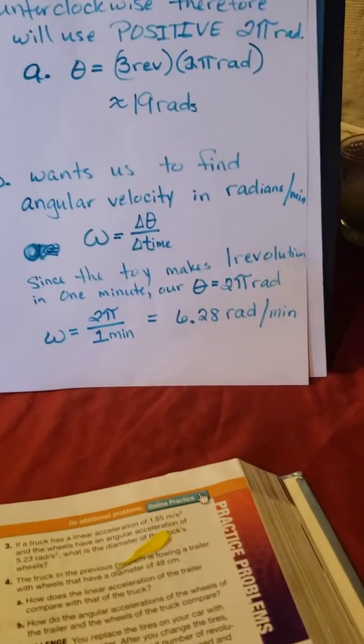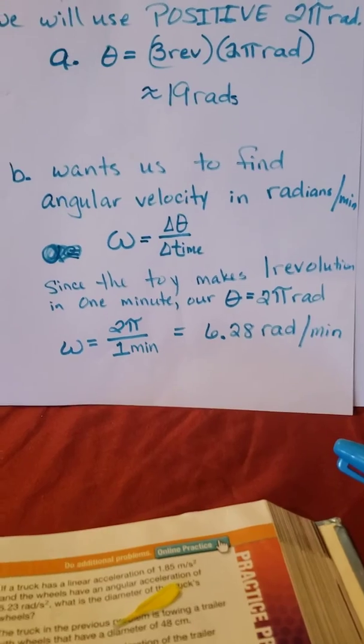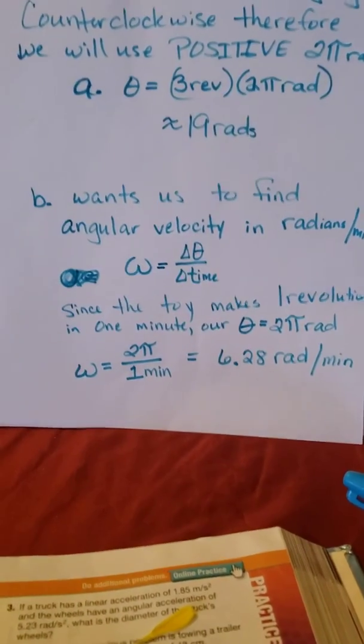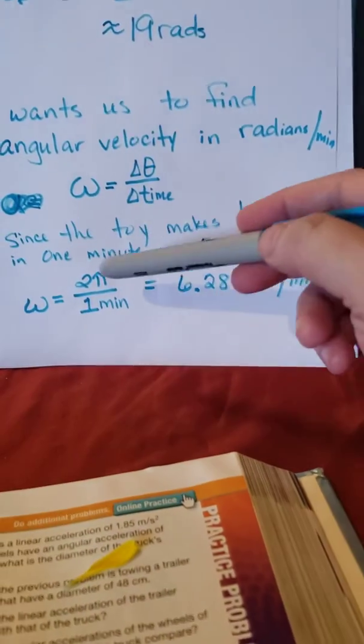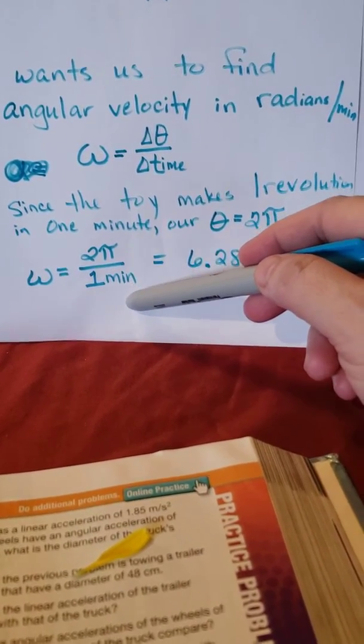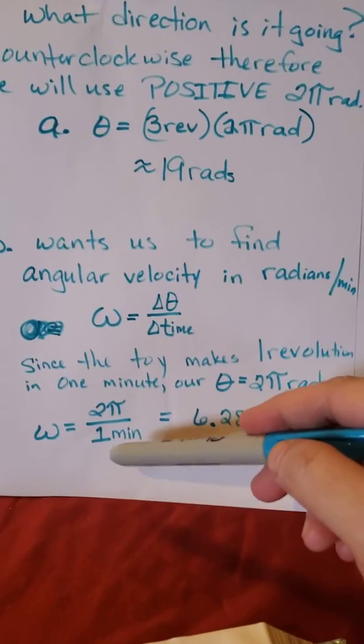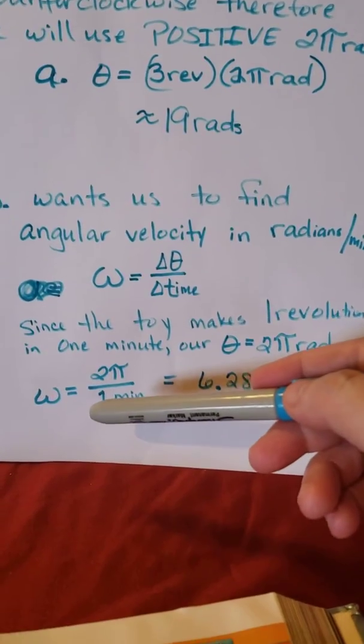So let's take a look at this. Since it makes 1 revolution in 1 minute, or 3 revolutions in 3 minutes, we can simply put 2 pi over 1 minute. You will get the exact same thing if you do 19 radians over 3 minutes, but I just simplified it for you.